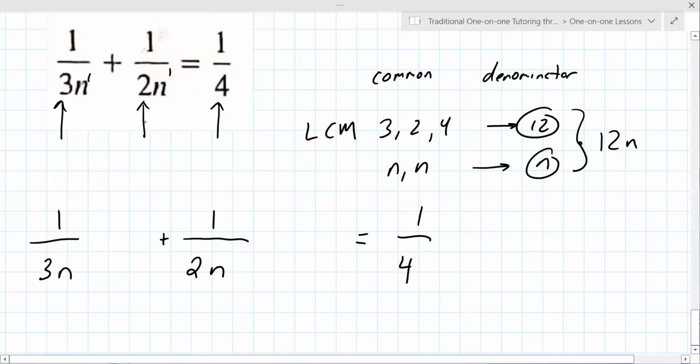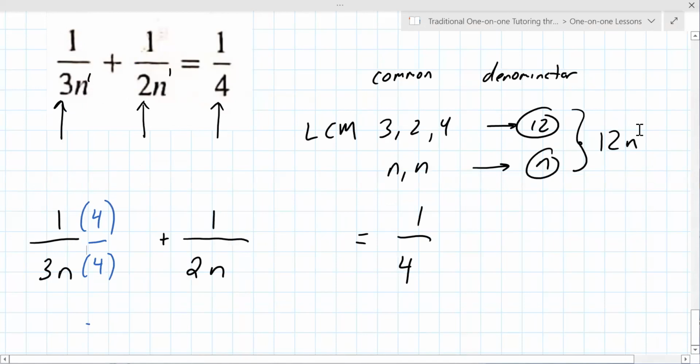We need to go from 3n to 12n. So what do you multiply 3n by to get to 12n? 4, right? Top and bottom. Whatever you do to the top, you have to do to the bottom, and the reason is because 4 divided by 4 is 1. Now you're supposed to put a little fraction right there, but you don't have to. They're usually okay with that. Same question, 2n.